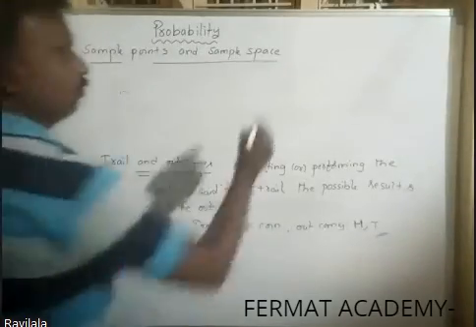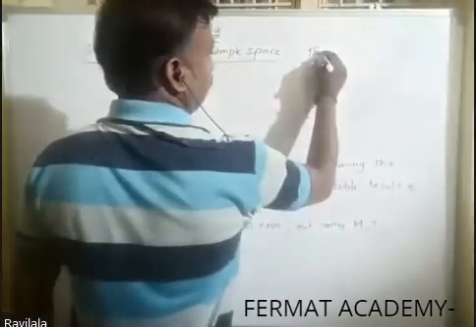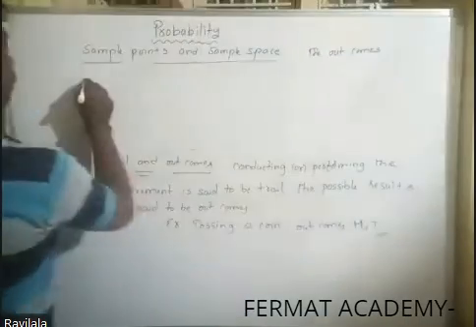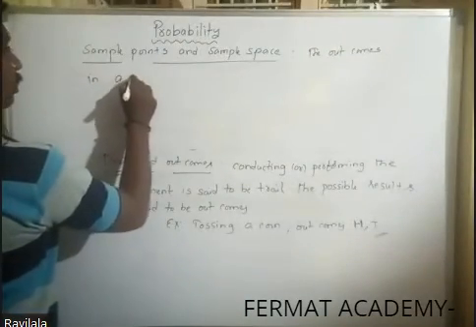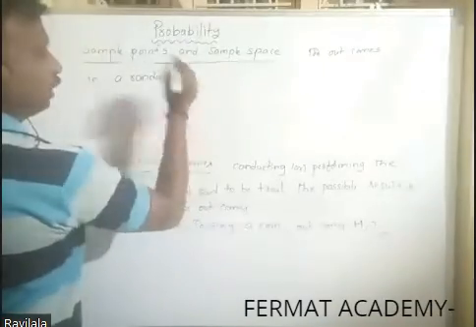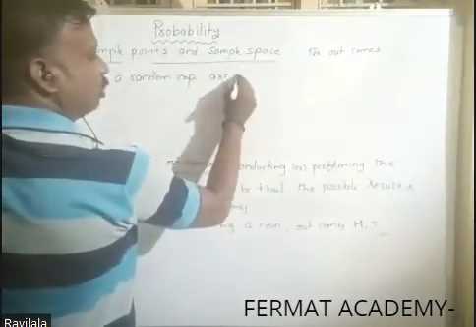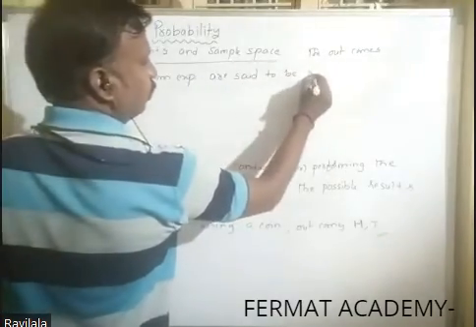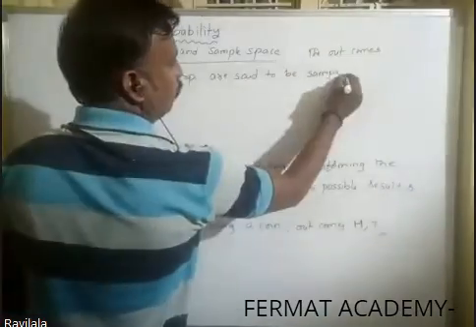Simply I am writing now, the outcomes in a random experiment are said to be sample points.